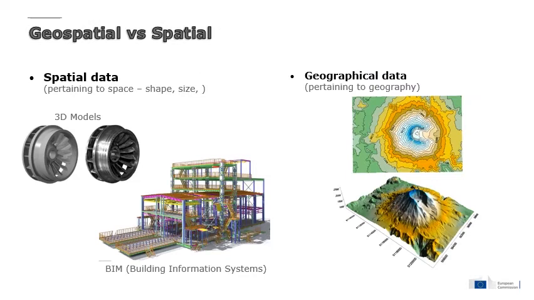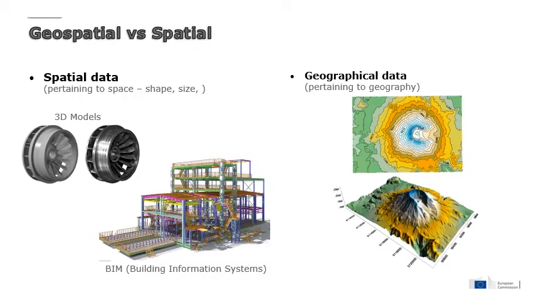The next question we often get is, what is the difference between spatial and geospatial data? So spatial data pertains mainly to space, to the shape, describing shape and size of objects and structures like 3D objects and structures like BIM systems, so building information systems, and other entities in space with a smaller size.